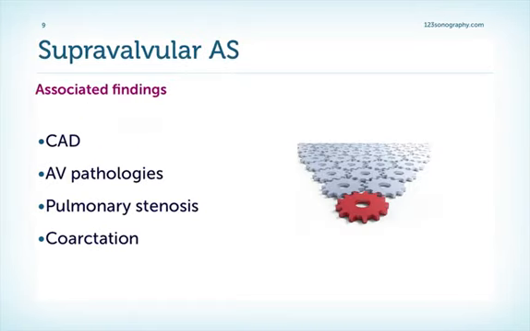In supravalvular aortic stenosis, other associated findings can be anomalies of the coronary arteries or other aortic valve pathologies such as bicuspid aortic valve or pulmonary stenosis or even coarctation. So we have to examine these patients very meticulously to look for other congenital anomalies accompanying the membranous forms of aortic stenosis.